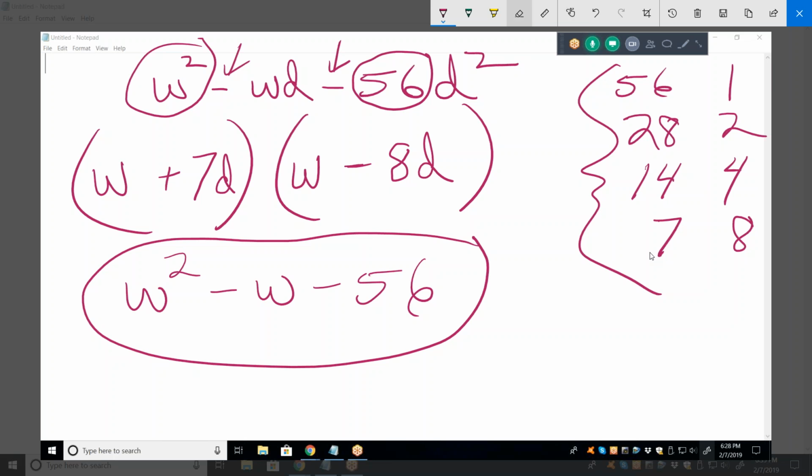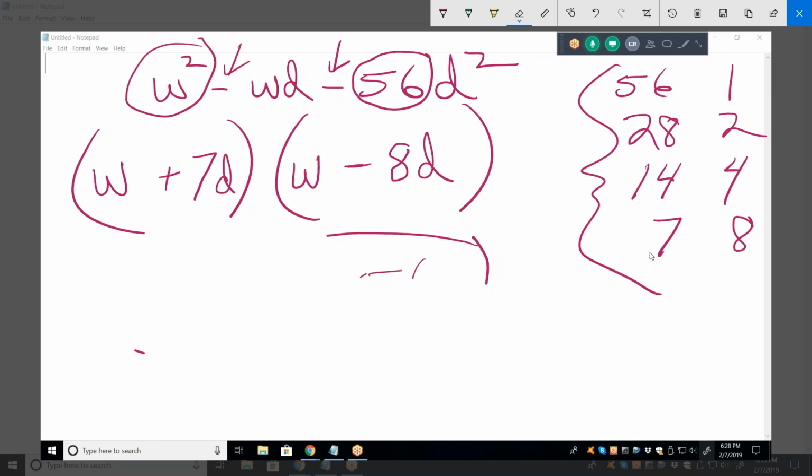Now notice what we get when we multiply them together. We still get the w squared. In the middle, we get plus 7 dw.